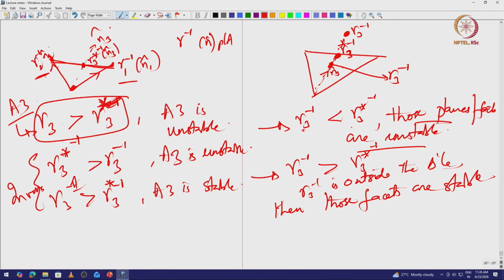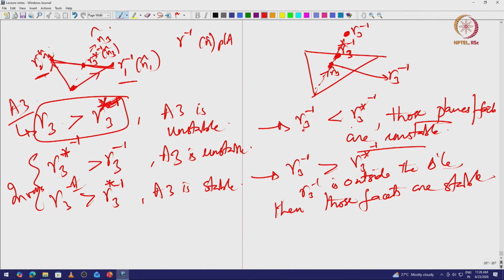But by the way, gamma 3 star is a plane that I have defined as having a total energy of gamma 1 A1 plus gamma 2 A2, but having a normal vector which is the same as the normal vector of the A3 plane, right. So, that is how I have defined it.